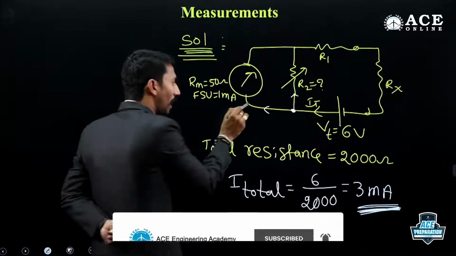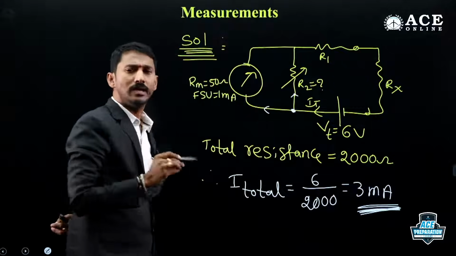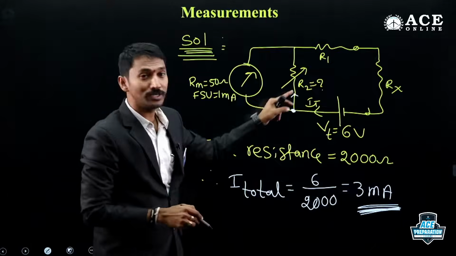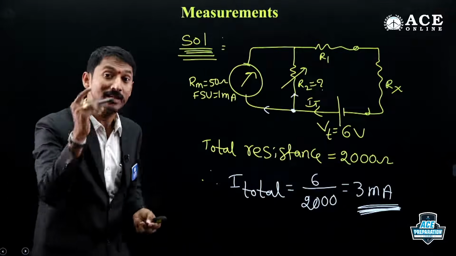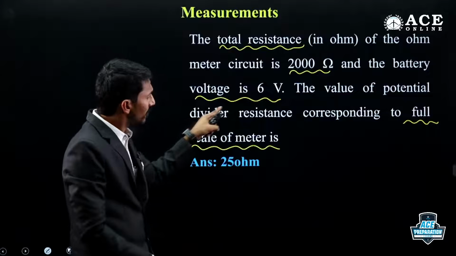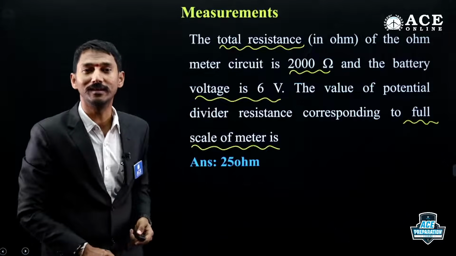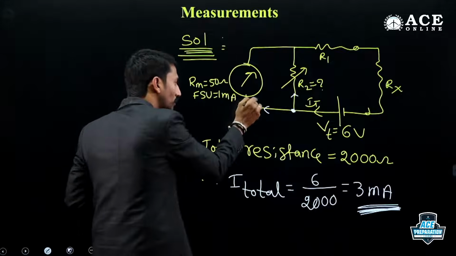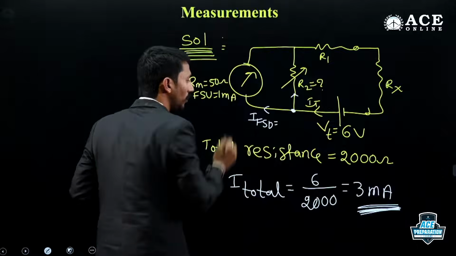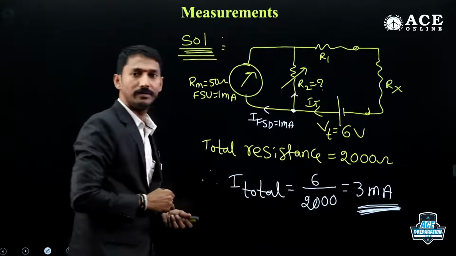But how much current is flowing through this? That will depend on this resistance value, and this resistance is unknown. How can we get it? He has mentioned clearly the value of potential divider resistance corresponding to full scale of the meter. Therefore, through this, IFSD is equal to 1 milliampere. That's the point.